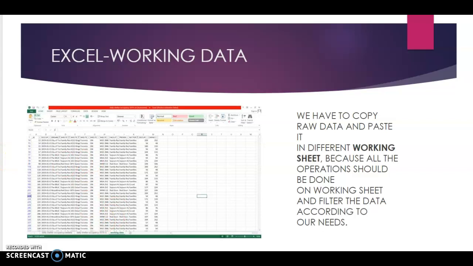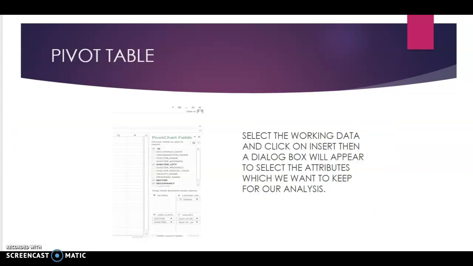So what we have to do is, after applying these filters, we have to insert some pivot tables. We will copy and paste the working data after applying the operations, and we will click on Insert, and after Insert there will be an option of pivot table. We will choose that.